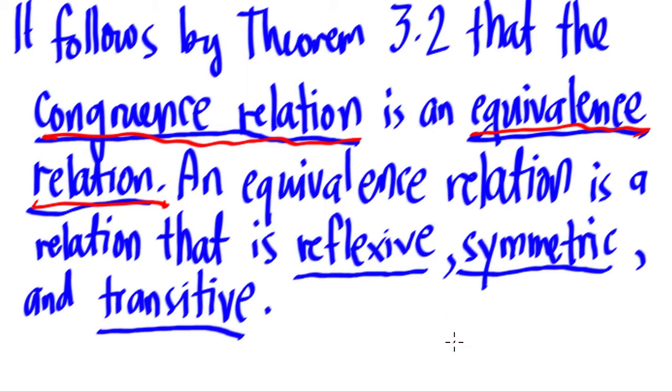An equivalence relation is a relation that is reflexive, symmetric, and transitive. The equivalence uses the equal sign, while the congruence is just using the congruence symbol. So by theorem 3.2, the congruence relation is also an equivalence relation.